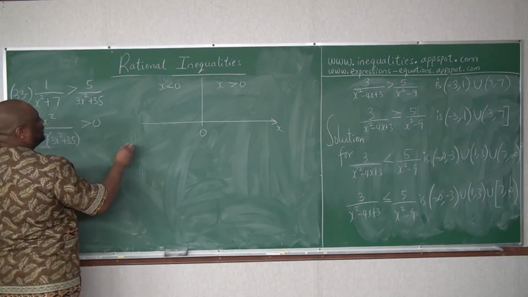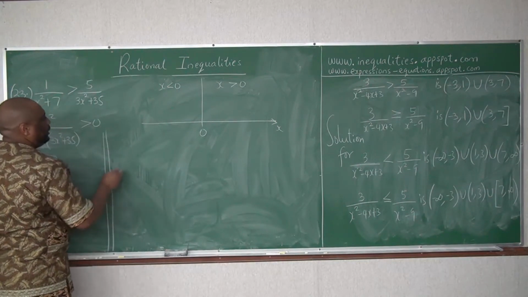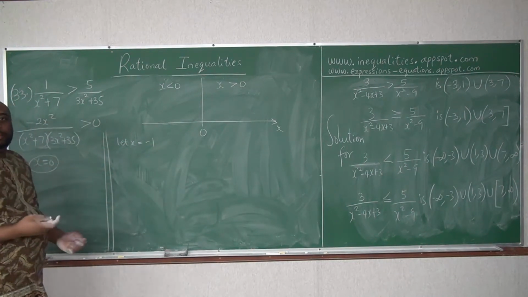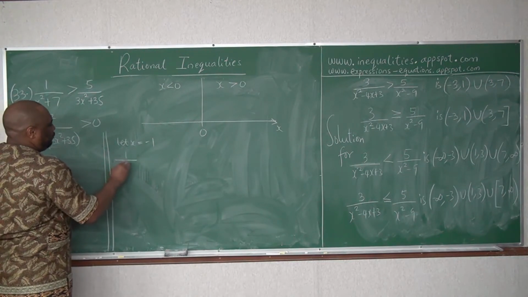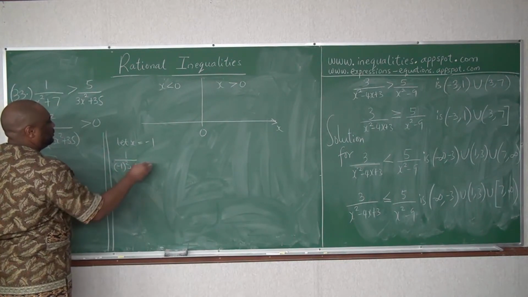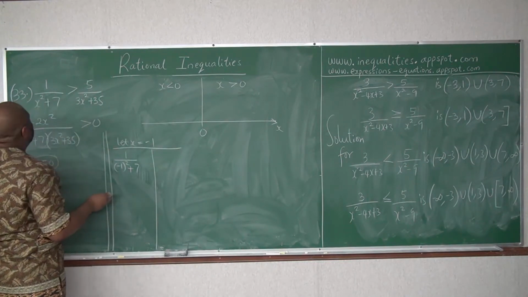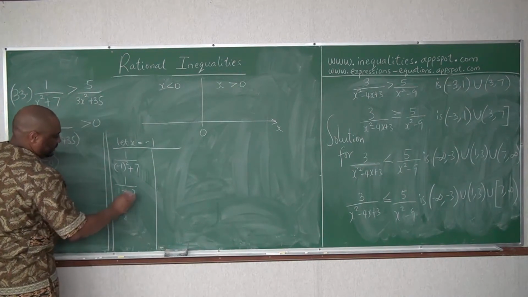First one, let x be negative 1. So on the left we have 1 over negative 1 all squared plus 7. This is 1 over 1 plus 7, and that is 1 over 8.